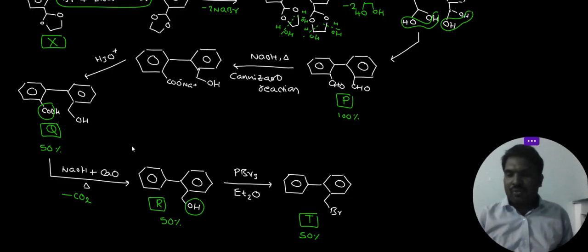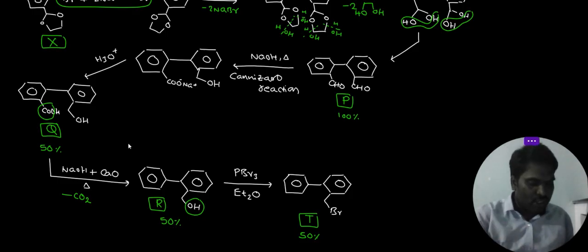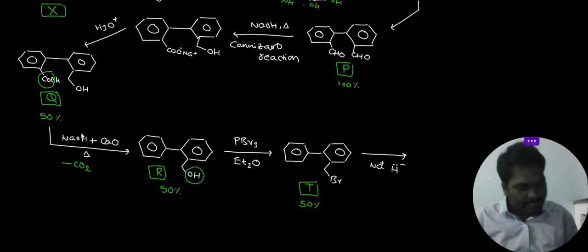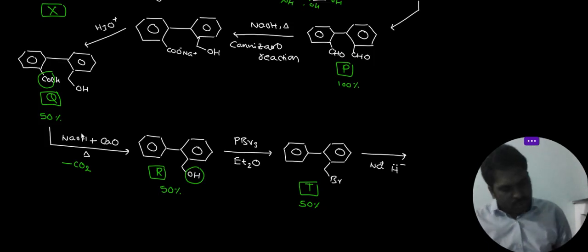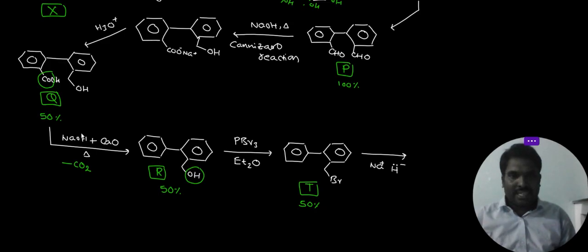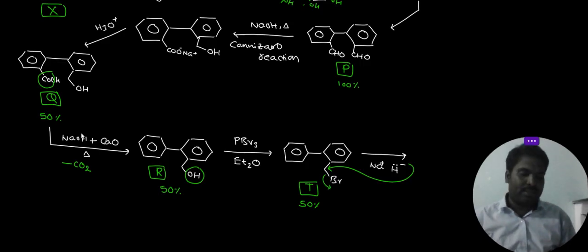Now finally this compound T reacts with sodium hydride in diethyl ether solvent. Sodium hydride is Na plus H minus. In the presence of diethyl ether, this hydride ion replaces the bromide ion.